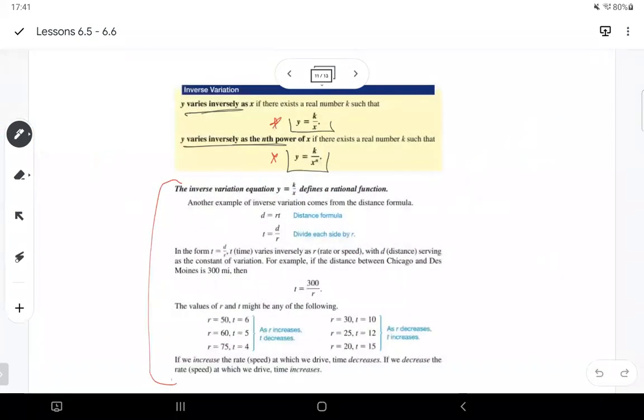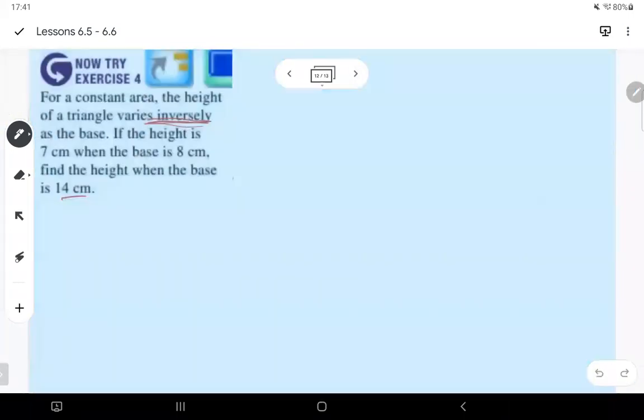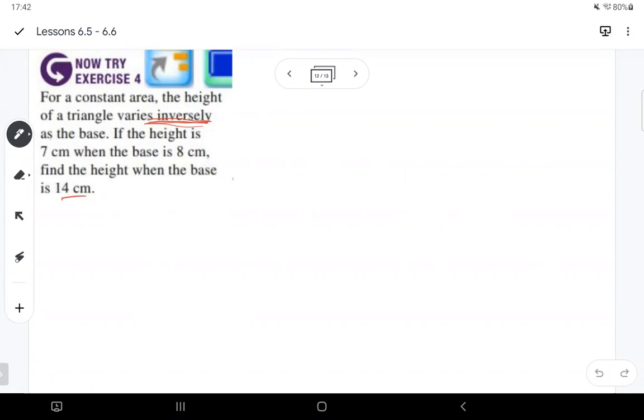Okay. Inversely is pretty similar to direct, except now we're dealing with division instead of multiplication. Okay, so if we know that y is the height, then x is the base. And we have base twice, so we know that. We know it's inversely, so our form is going to be y equals k over x.